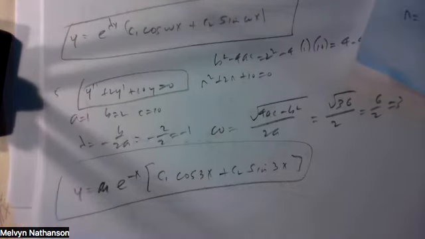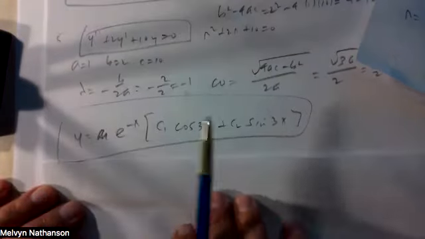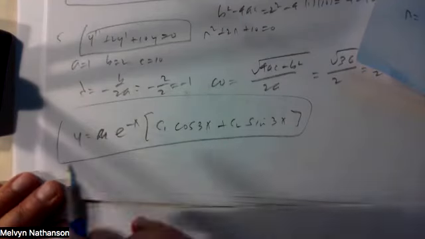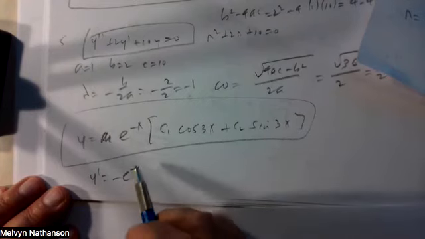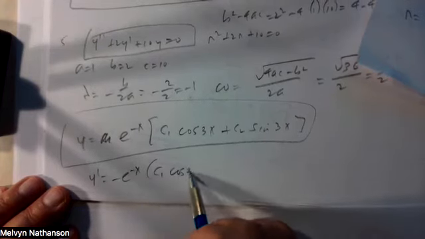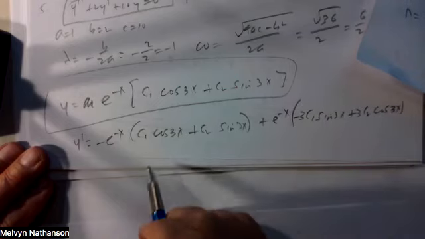And let's just check. If I take this to be y, then y' is -e^(-x)(C1 cos 3x + C2 sin 3x) + e^(-x)(-3C1 sin 3x + 3C2 cos 3x).